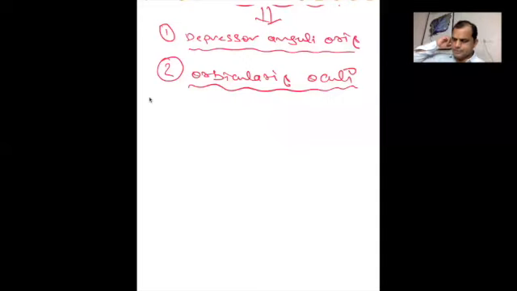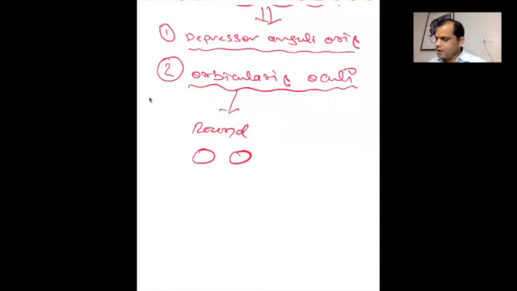So let's see here. The next muscle is called orbicularis oculi. The meaning of orbicularis is round, and the meaning of oculi is eyes.